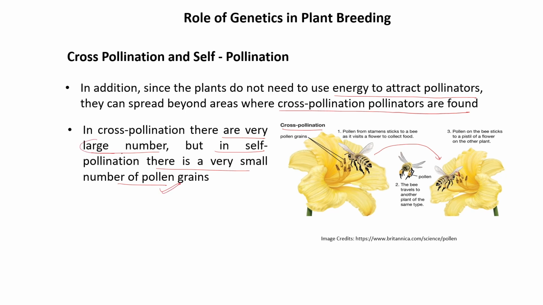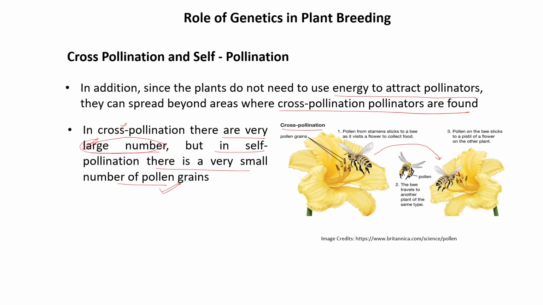Why do they have a large number of pollen grains in cross-pollination? Because a large number of pollen grains are produced so that they can be transferred to the stigma of another flower. This gives a higher probability that pollen grains stick to the body of the pollinators and get transferred.